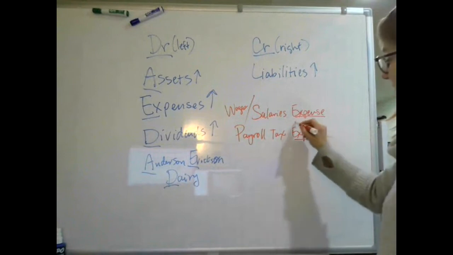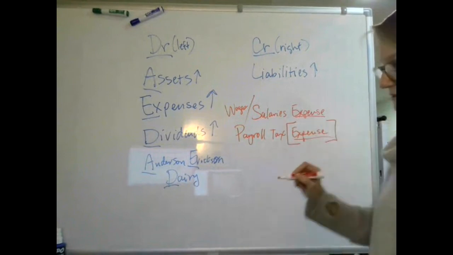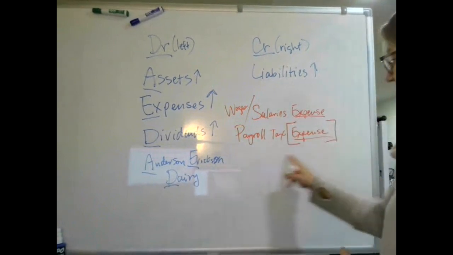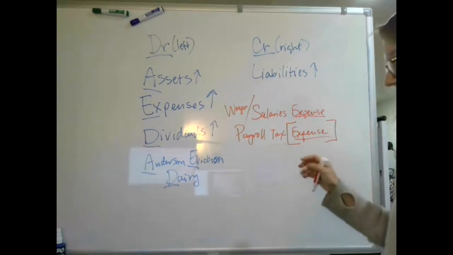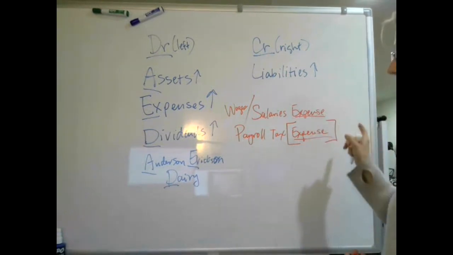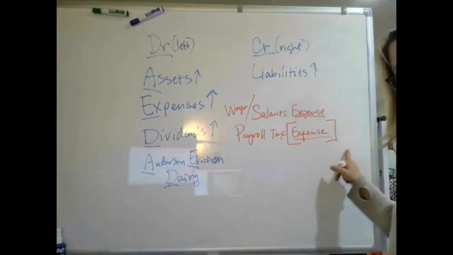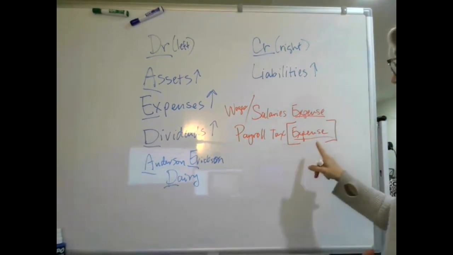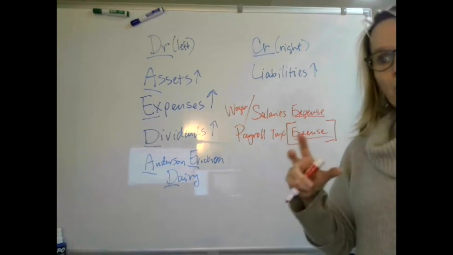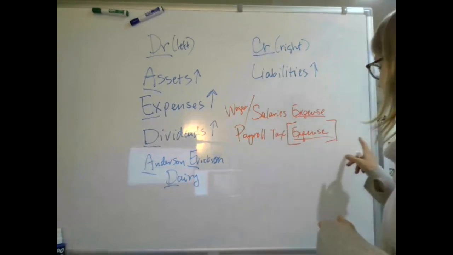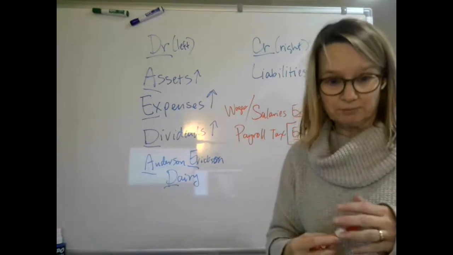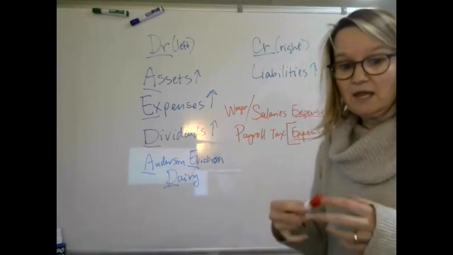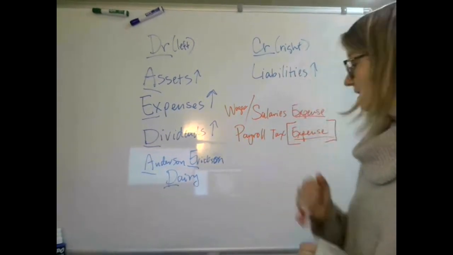Now, I think your book doesn't use the word expense for payroll. I think they just call it payroll tax or payroll taxes. What they mean, though, is it's an expense. This is the amount that's being paid by the employer for those payroll taxes. That is an expense to the employer, right? They're having to pay those payroll taxes as well.